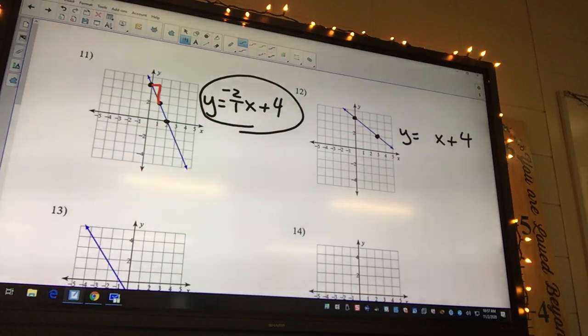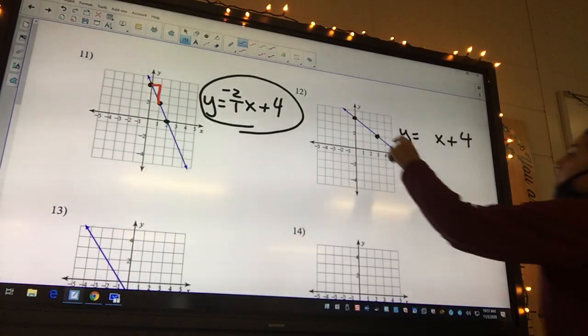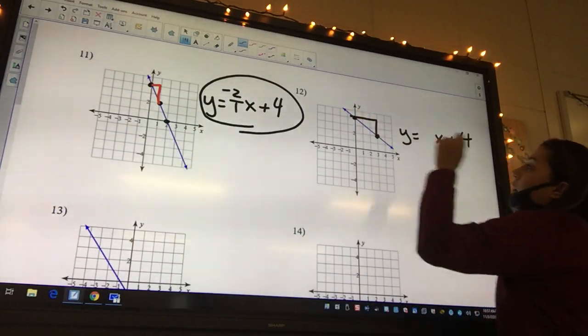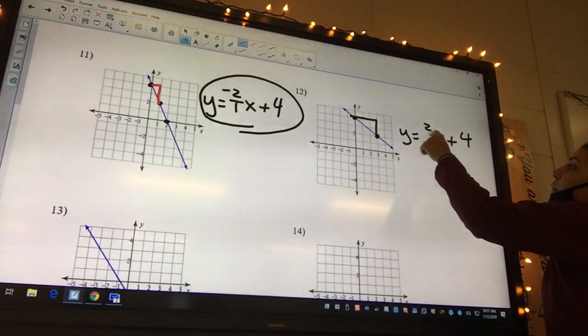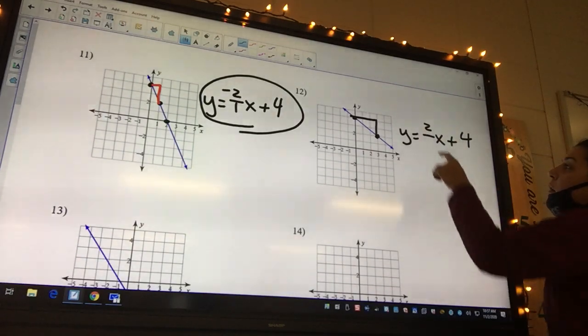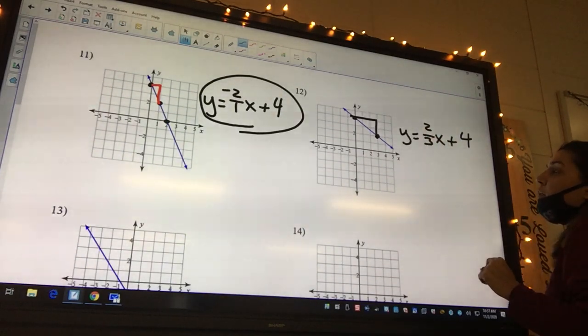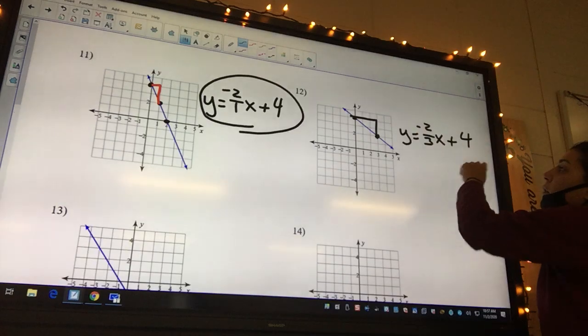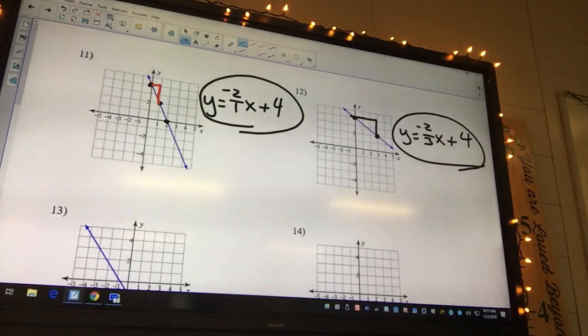At 3, 2 would be your coordinate. Okay, so make sure you got the same point that I got. Okay, so how much do we rise? How much do we run? We rise 2. We go over 3. Positive or negative slope? Negative. Negative slope.